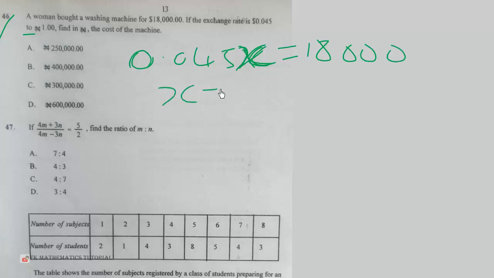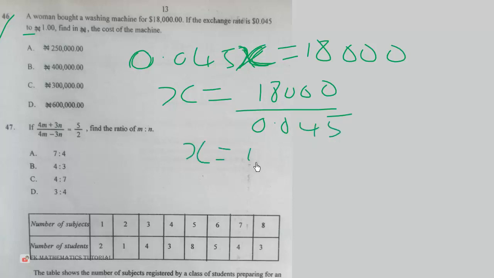So x will be equal to $18,000 divided by 0.045, and this is giving us 400,000 naira. So the correct answer is B.